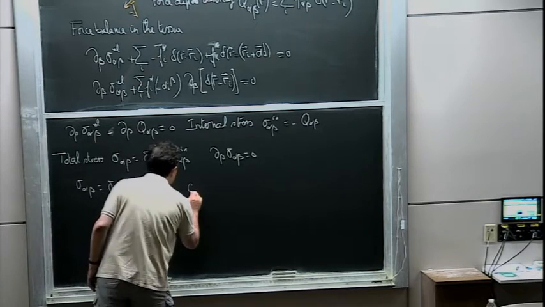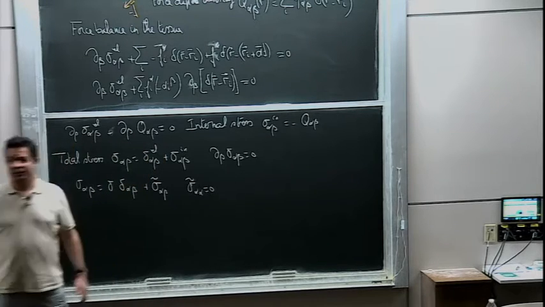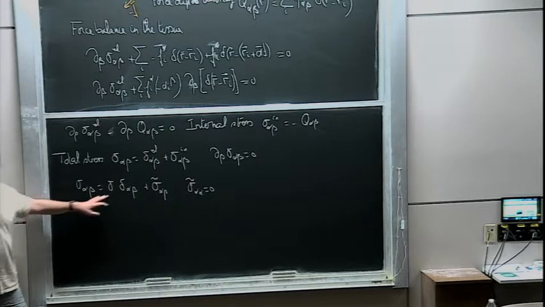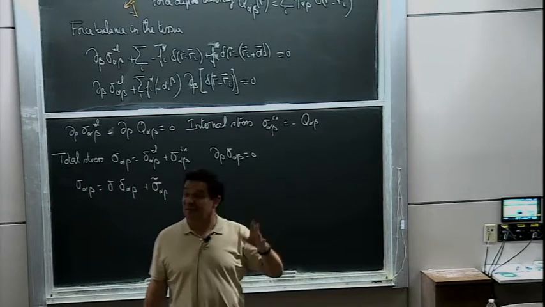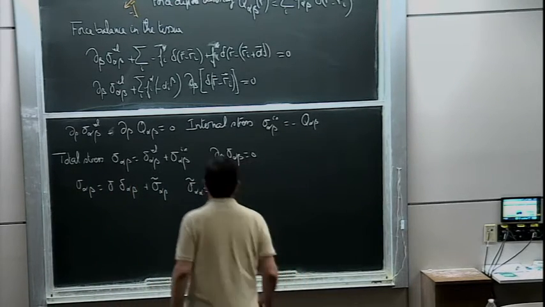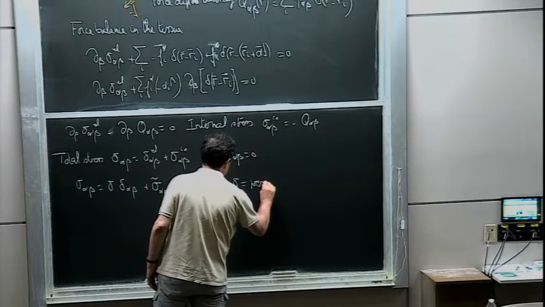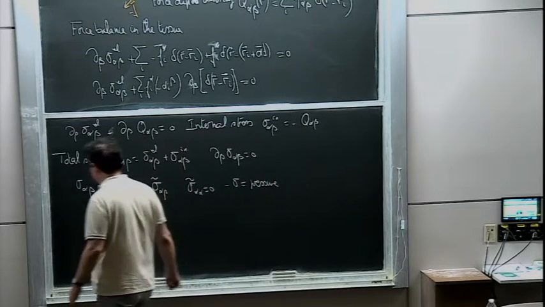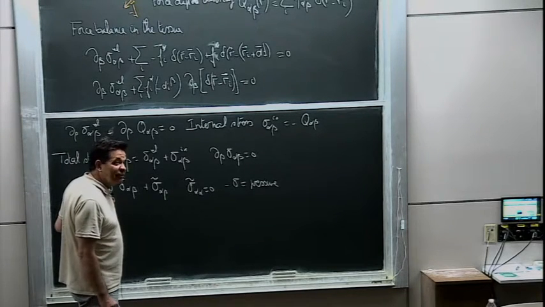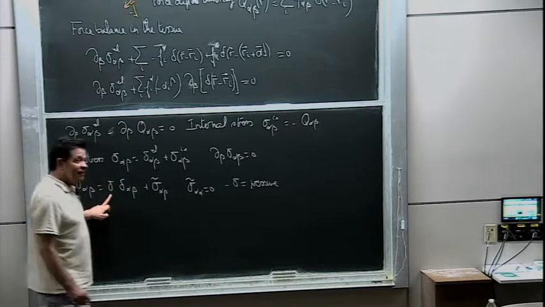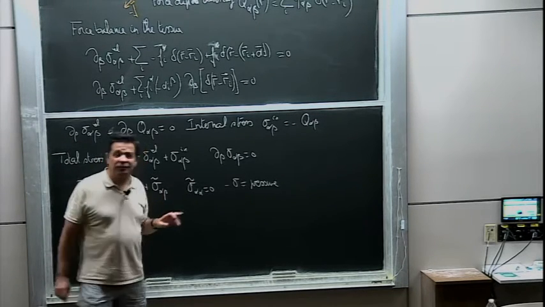So what's σ? Can anybody tell me what σ is? σ is minus the pressure. So minus σ is the pressure. And I will discuss independently this term and this term. This is the longitudinal component of the stress, and this is a transverse component of the stress.